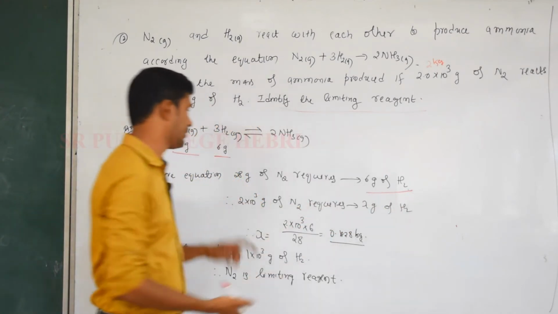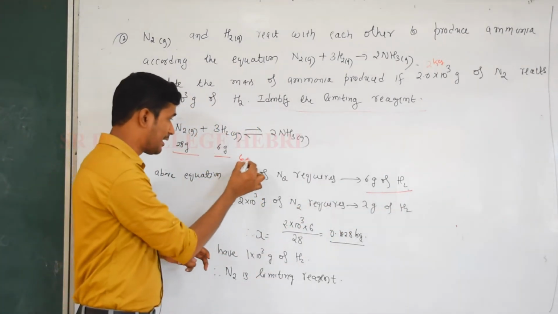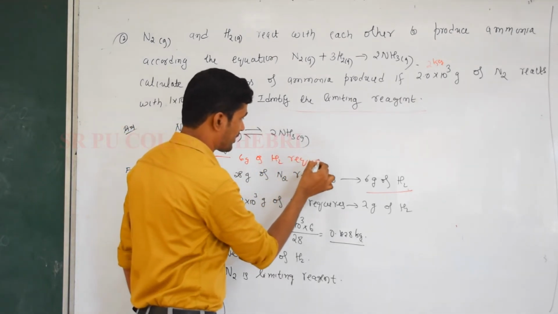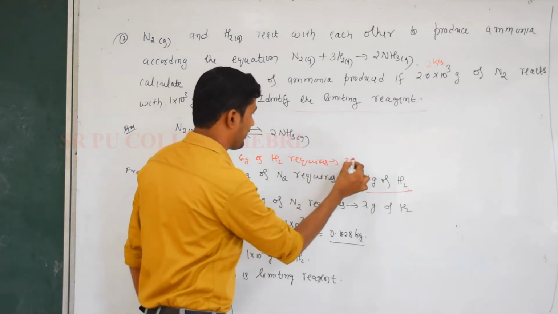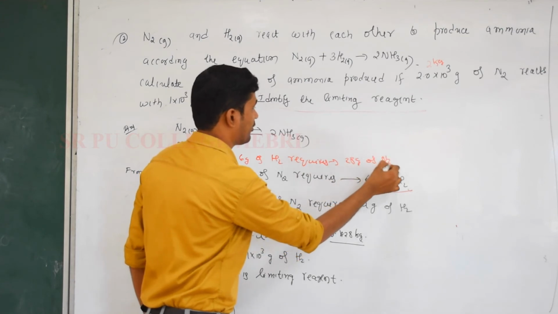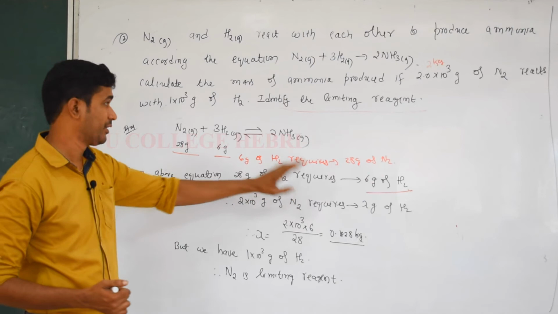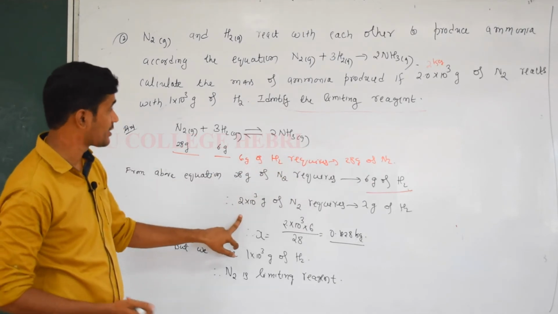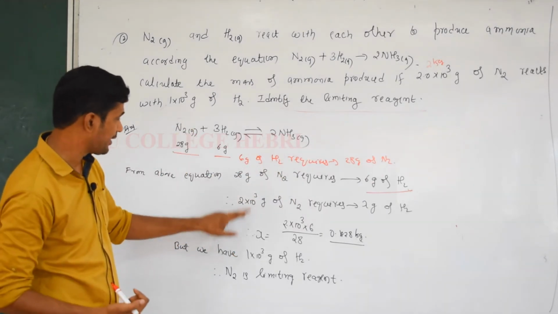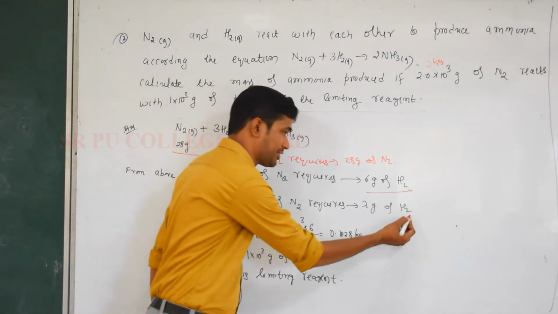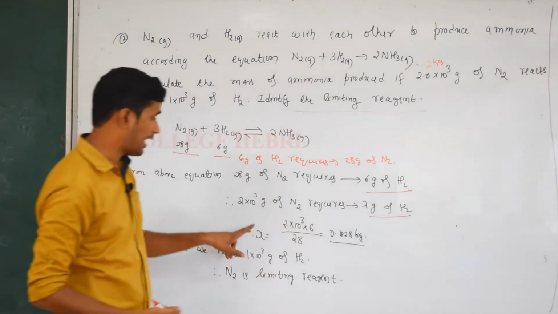Understood? Or how else can you write it? 6 gram of H2 requires 28 gram of N2. You can use either of the two methods; it is up to you. You can write it this way too. 28 gram of N2 requires 6 gram of H2. Therefore, how much nitrogen do we have? We have 2 kg or 2 into 10 to the power of 3 gram of N2 requires x gram of H2. So what is the amount of hydrogen required?